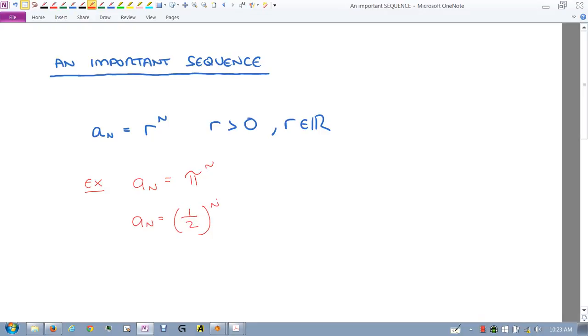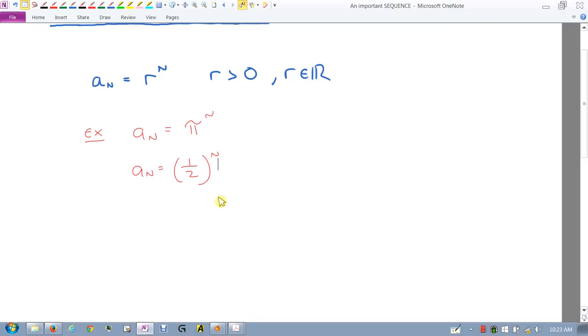Anytime you put a positive number in the base and raise it to the n, what does the sequence do? How do you think this sequence behaves? What does r to the n go to? That's the question. Won't it depend on what the base is?